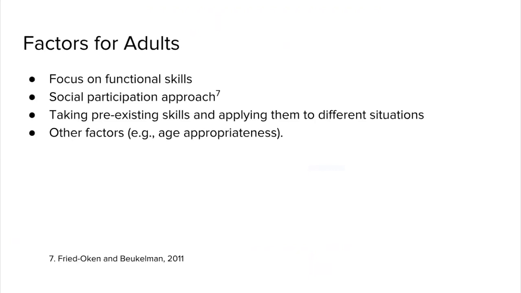And so that's the social participation approach, looking at what this person's social life looks like as an adult, the things that are important, and focusing on that, not academics in any way. So, who's in their life that they care about that should be on there. What kind of things are they going to need to say in social situations, and what kind of words are they going to need for their jobs? So all of these things are really important.